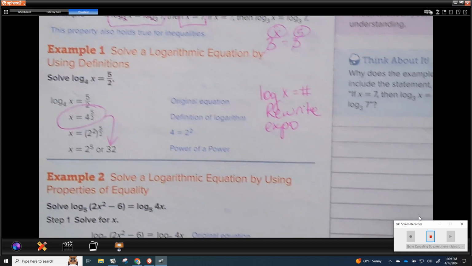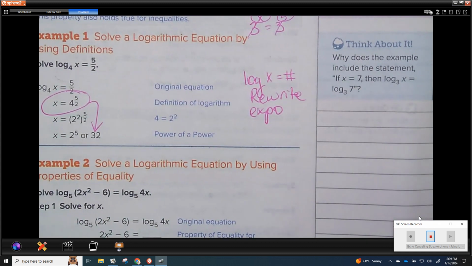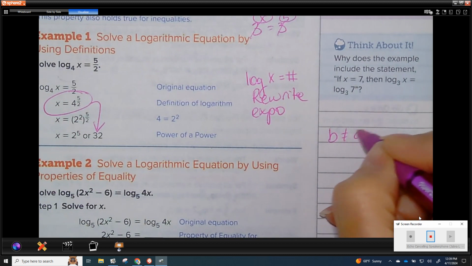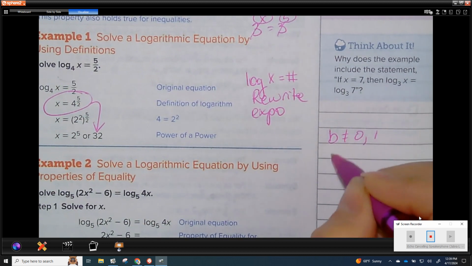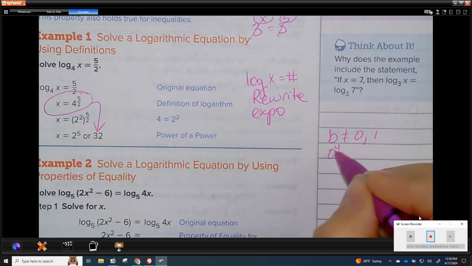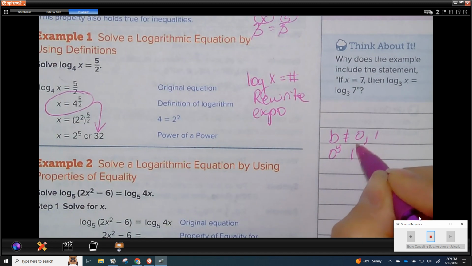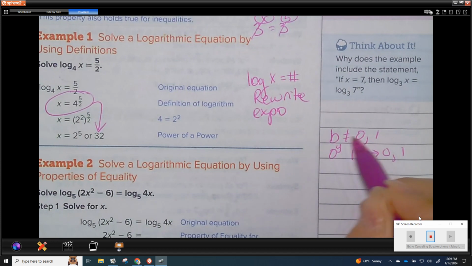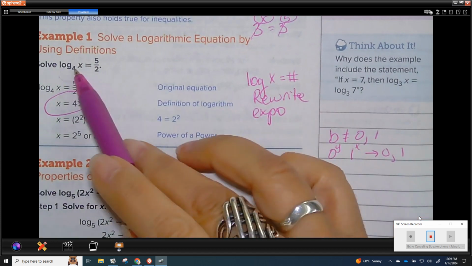Since log is exponents, you'll never have a base of 0 or 1, because that's 0 to a number or 1 to a number. There's always going to be 0 and 1. So your base, the little number down here, will never be 0 or 1.